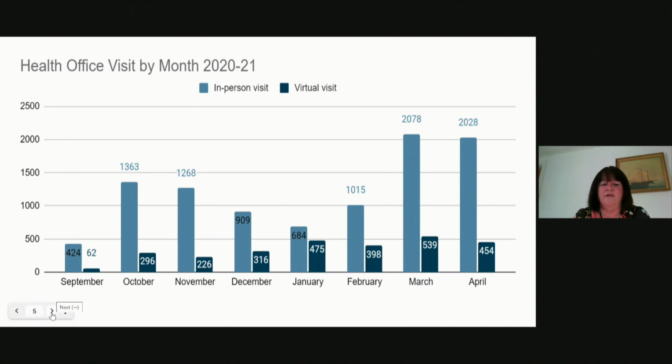So that's our data for this year so far. You can see that our visits obviously increased when we had both cohorts coming back to school. Our numbers pretty much doubled.